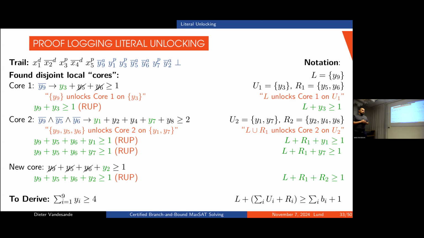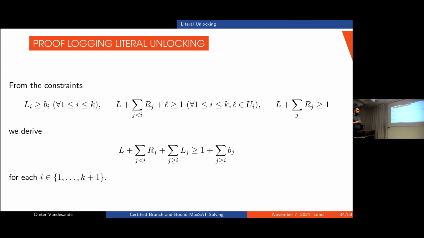So what I will need to derive is that L plus the literals in all the cores that I have unlocked before are greater than or equal to the sum of the right-hand sides of these cores plus 1. So I have an increase of the lower bound of plus 1.